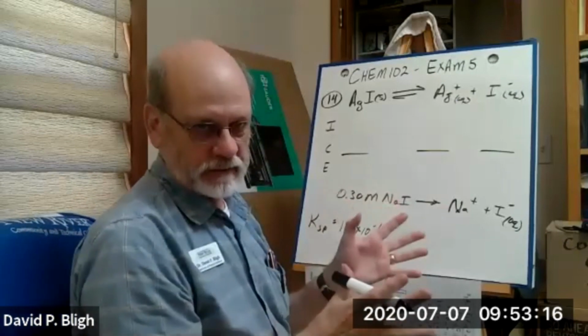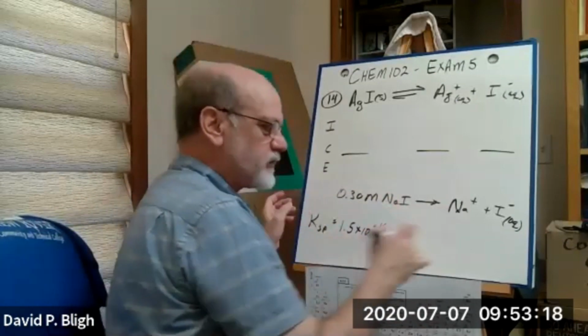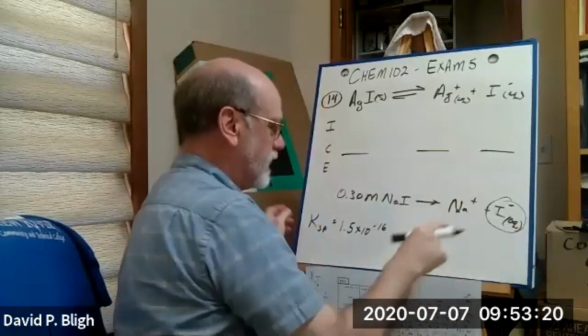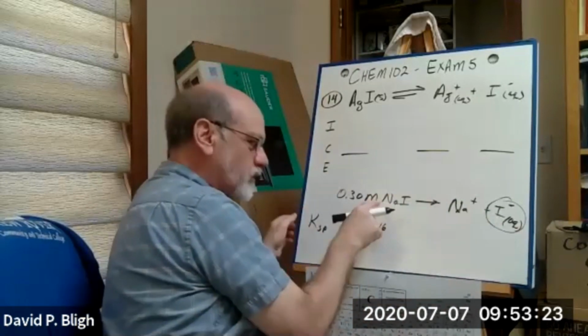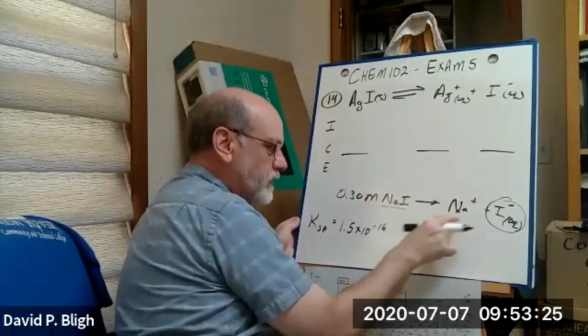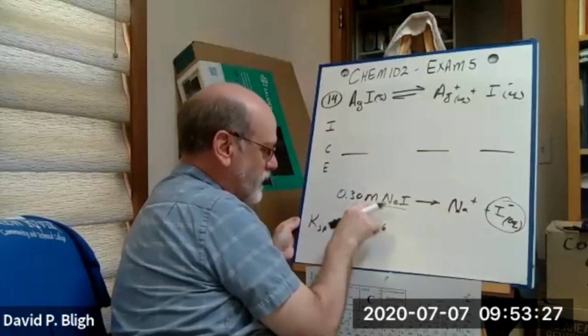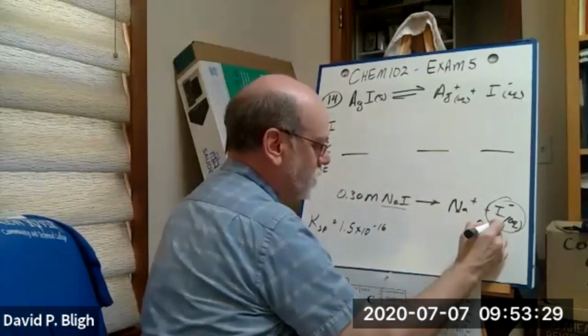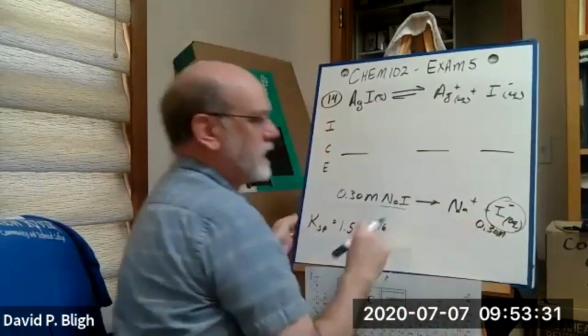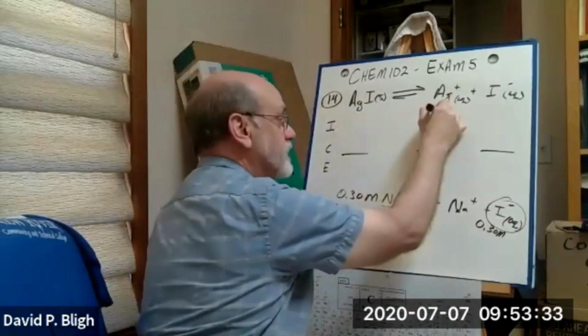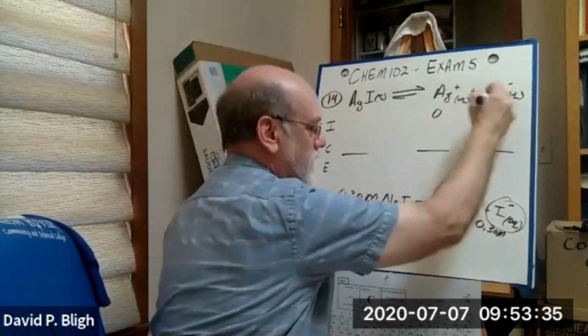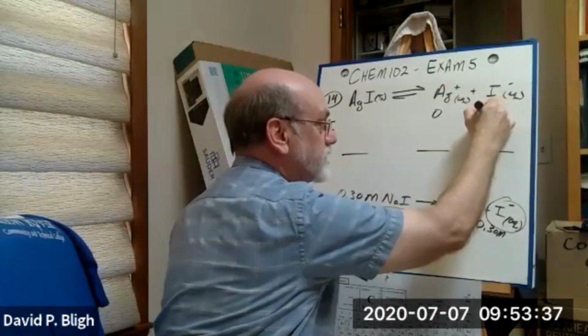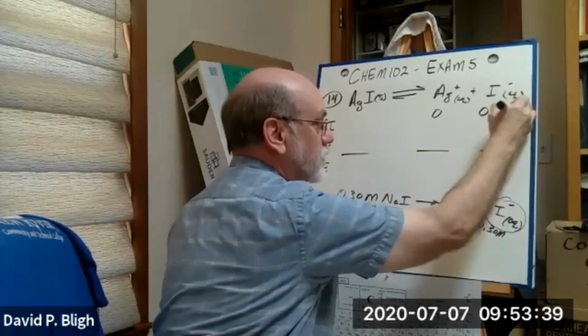It's a spectator. So this is the one we're concerned with. That concentration is the same as this one because 1 to 1, 1 to 1, that's the same concentration here. So now we can put the initial concentration here as 0, and here is actually 0.30 molar.